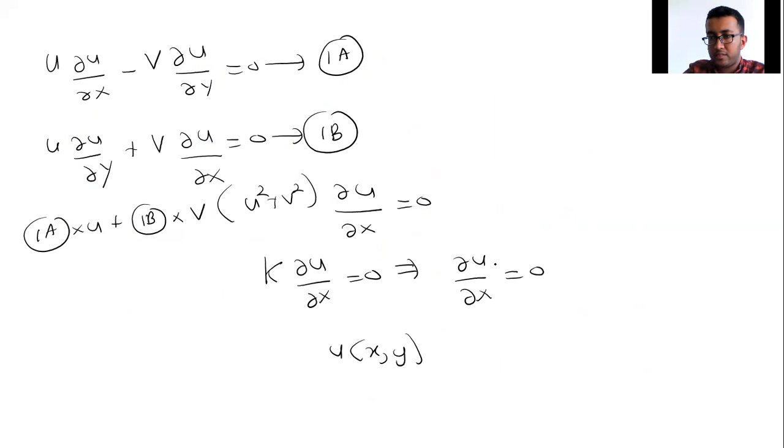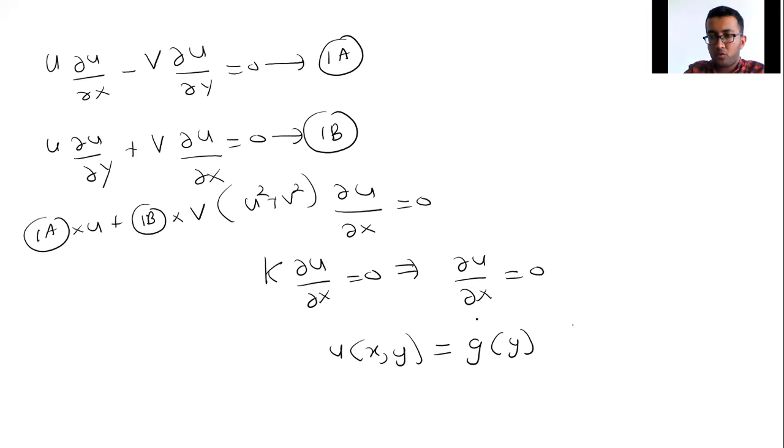If you differentiate this function with respect to x, you will get 0. That means this is some function of y. Right? So I can write this function as g(y) plus k, right? I don't need to write the constant, because the constant can be included in the function g(y), right?